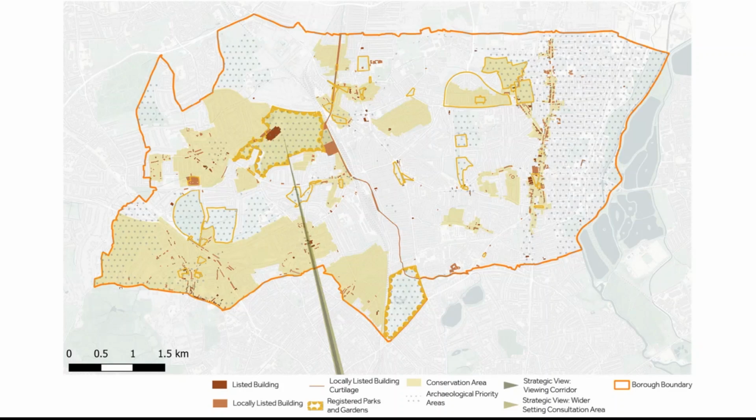There's quite a large area of the east of the borough, and also the west, and then Finsbury Park. So lots of locations where we can see those archaeological priority areas. And also our conservation areas and our strategic view from Alexandra Palace to St Paul's is also here on the map.